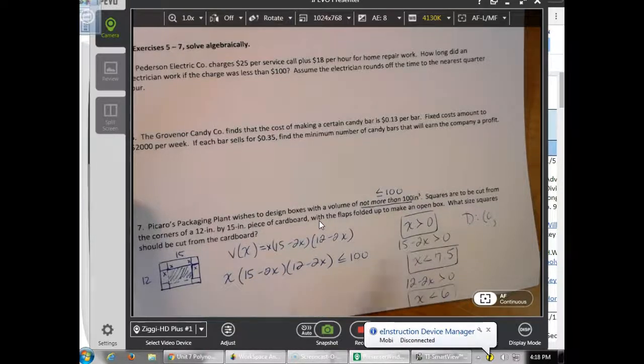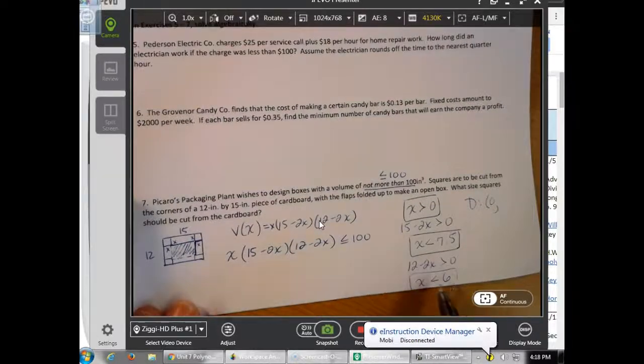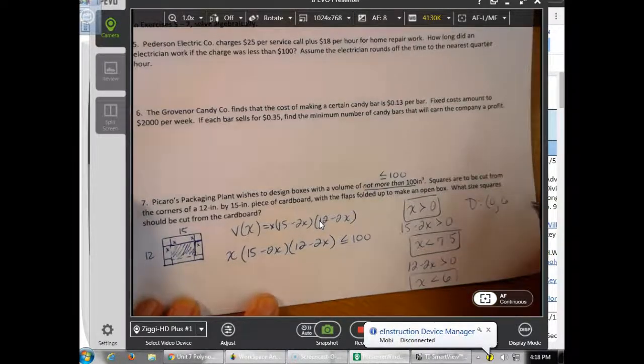But you need to make sure that it will actually satisfy all three of the dimension conditions. They have to be positive. So if I chose a value such as 7, for example, 7 would be fine here, but 7 won't be fine in this second one. So I'm always going to use the most restrictive dimension, which is this third one right here. So x has to be less than 6 as well. So greater than 0, less than 6.